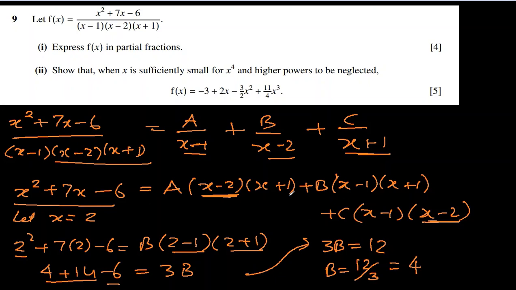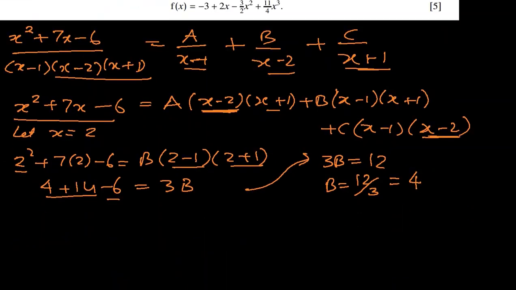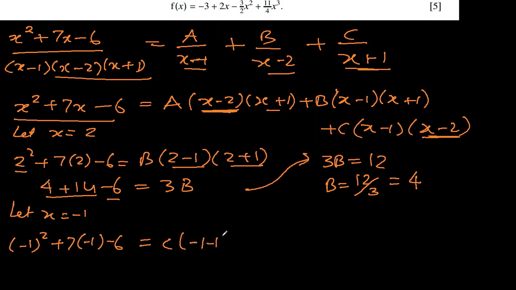Let's make another 0. This time we'll take x plus 1. We'll try to make it 0. So x equal to minus 1. So let x equal to minus 1. So left side becomes minus 1 square plus 7 times minus 1 minus 6 equal to, this becomes 0. This x plus 1 will also make this be 0. C will be the only one left. So minus 1 minus 1, minus 1 minus 2.